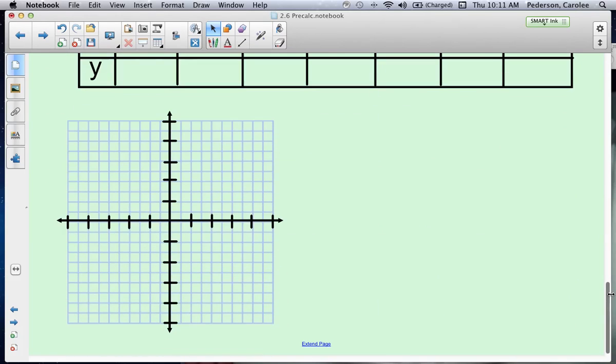So go ahead and make an XY plane. Now I just start from the top. Where are the vertical asymptotes at? At x equals 1.